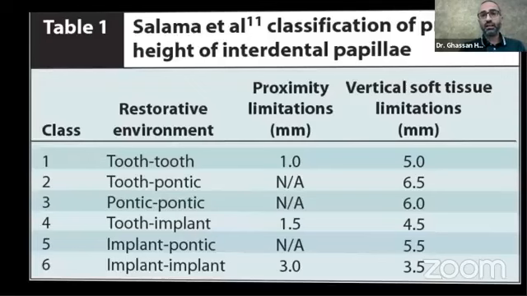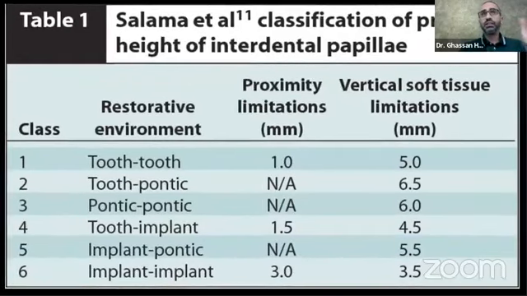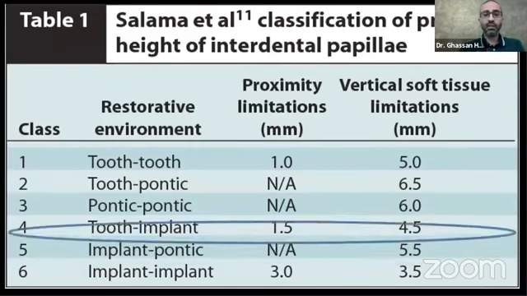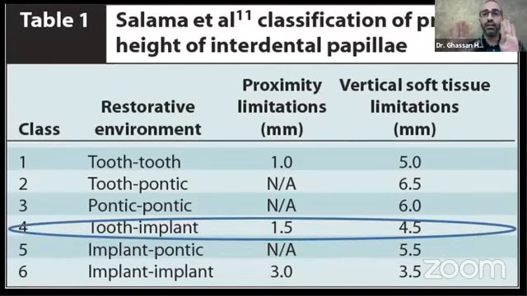According to the Salama et al. classification, for implants in the aesthetic zone, I must have papillae. To have papilla, as we noticed, we have lost the interproximal bone. I must have a distance of 4.5 millimeters from the interproximal bone crest to the contact point, which in this case is almost impossible.